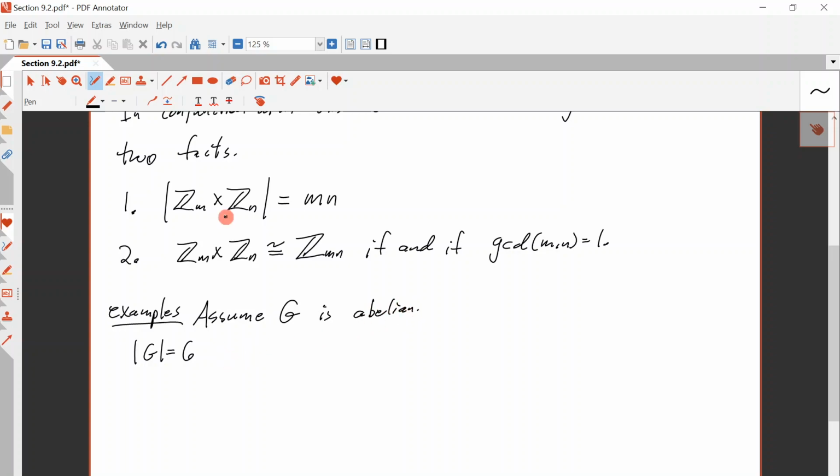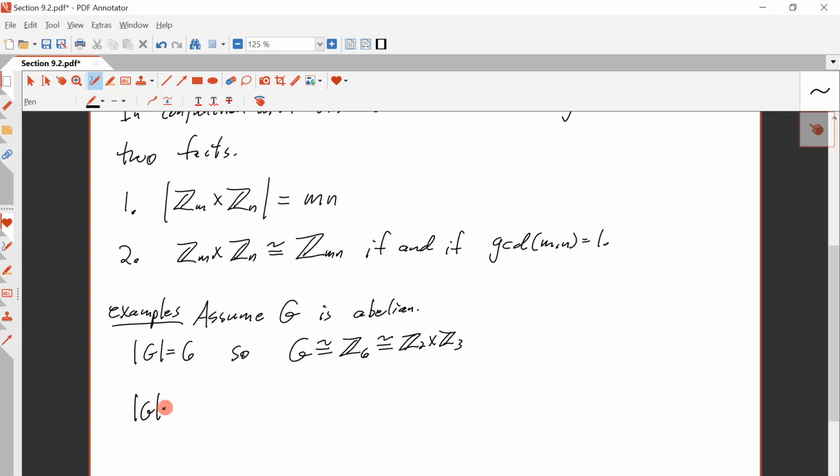Well, what cyclic groups can we get whose orders multiply to 6? Of course, there's Z6 itself. Which is also isomorphic to Z2 cross Z3, right? They're the same thing. So that's it. Okay. So G is isomorphic to Z6 or Z2 cross Z3, but they're the same group.